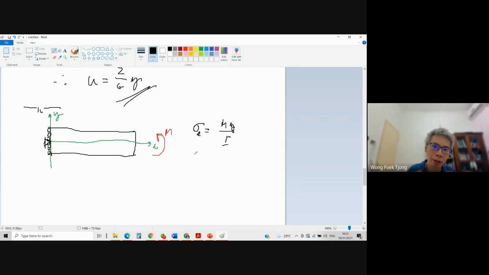And then the strain in the x direction, what do we get? My over EI, right? You may refer to my lecture recorded in the video. This is the result that we got before. How to calculate the strain energy? Well, the length of this beam, let's say L, okay?